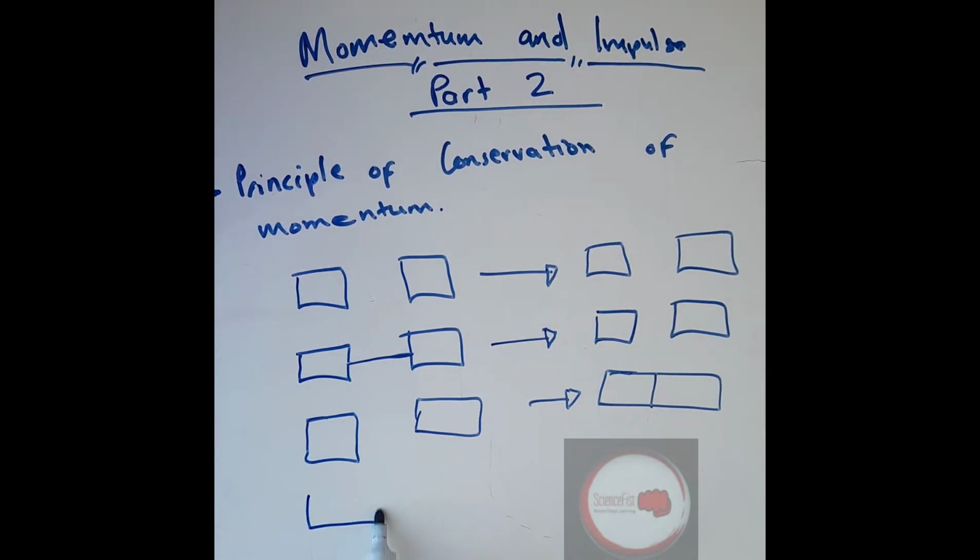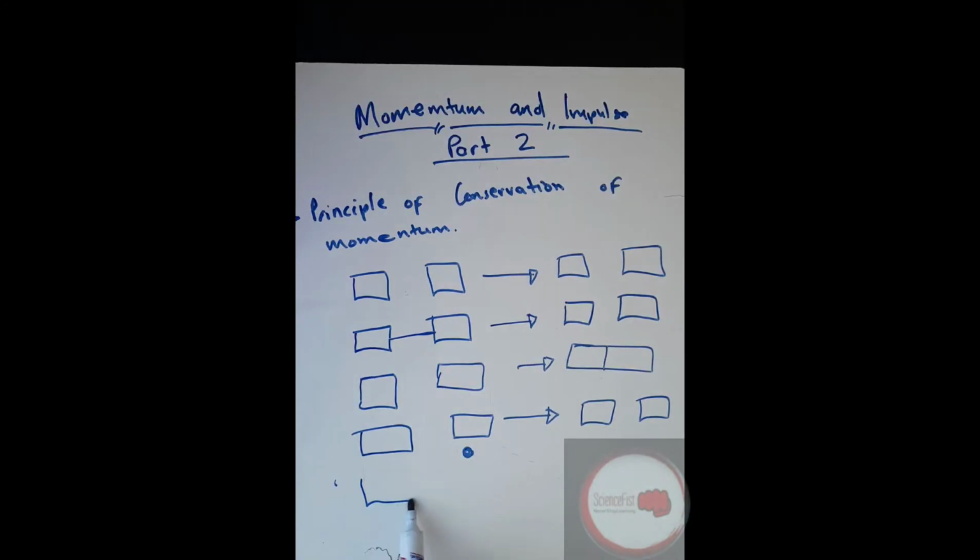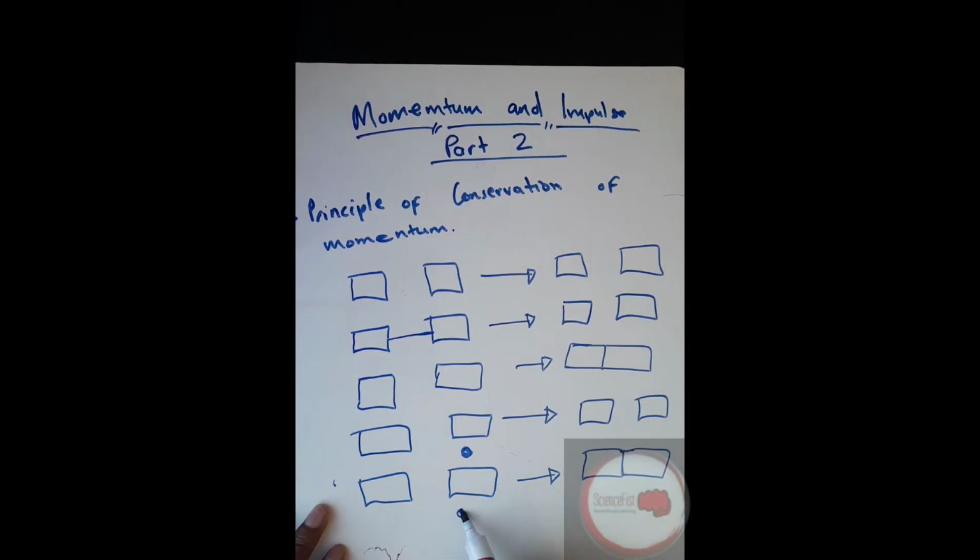Or we can have one and another one here, they collide, and then this would be stationary, standing still, and now you have both moving separately. Or you can have one stationary, collision appears, and after collision you have two together.